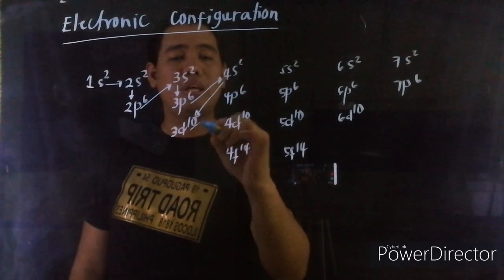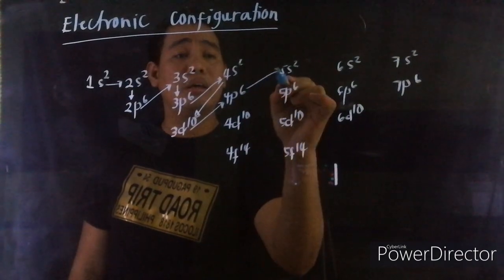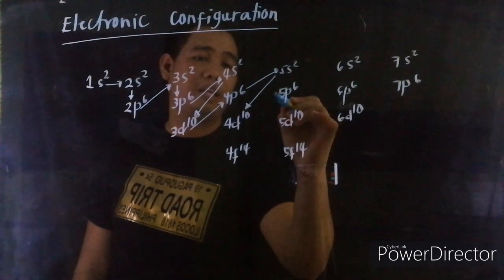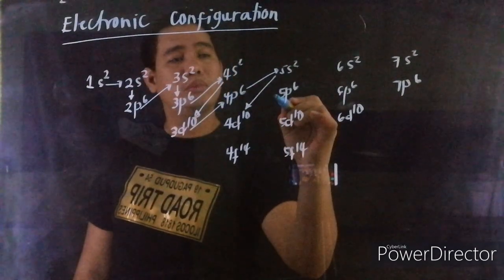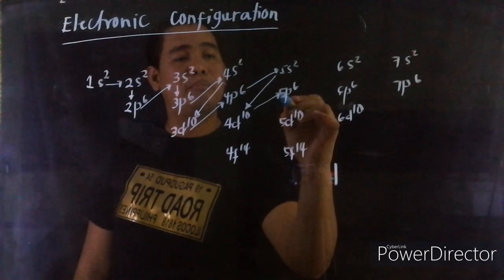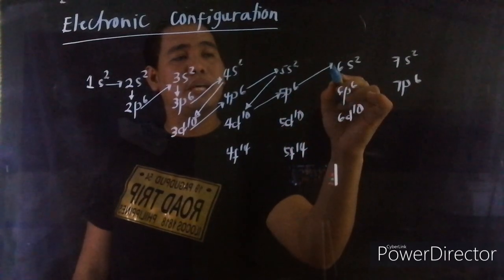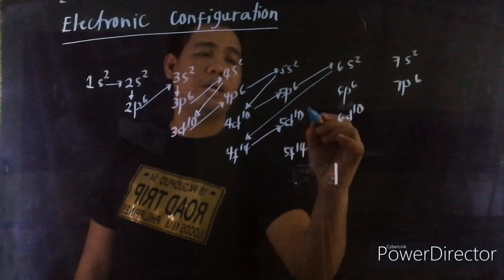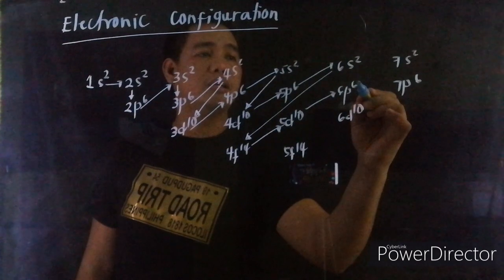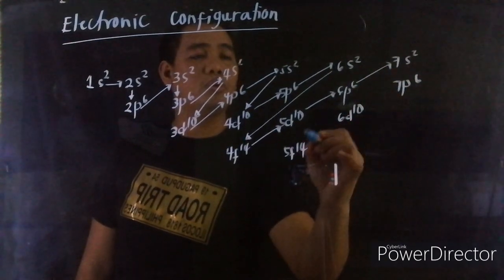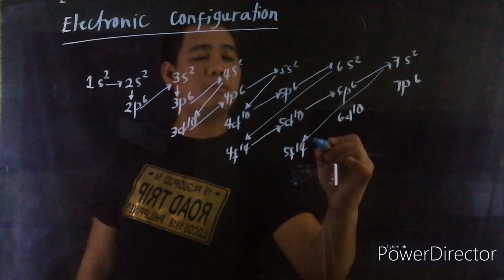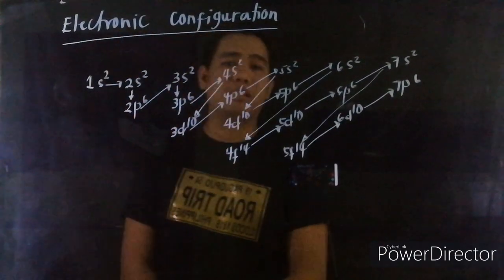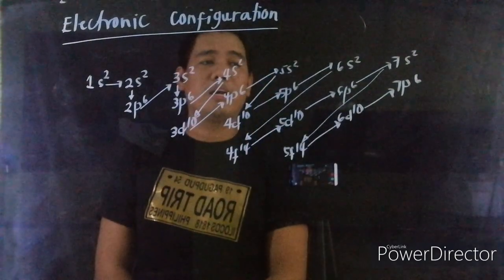Then after 3d10, you can write 4p6, then 5s2. After 5s2, it's 4d10. Then after that, we have 5p6, 6s2, then 4f14, then 5d10, 6p6, 7s2, then move to 5f14, 6d10, and the last one is 7p6. So you need to go in that kind of order.